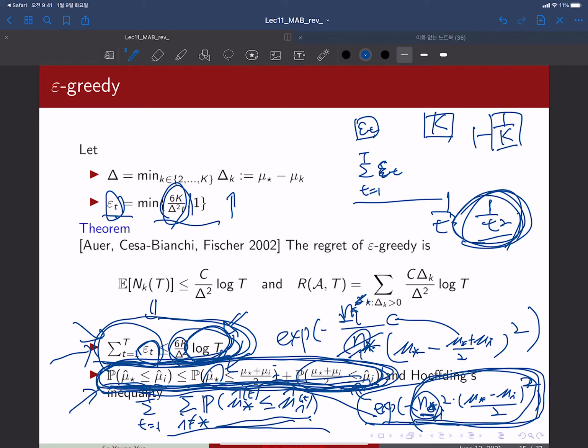And when you have log t regret from this summation of probability, you still have to have log t explorations. Okay, so I believe log t is kind of the sweet spot for designing epsilon greedy of epsilon t.